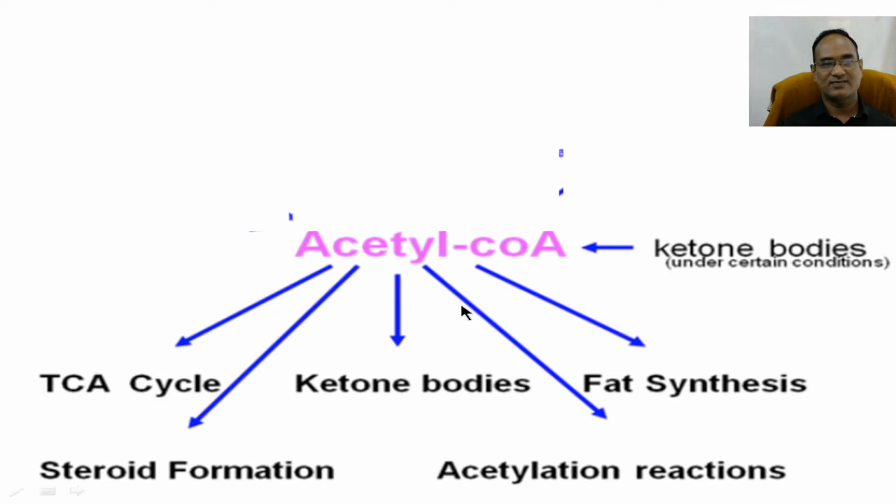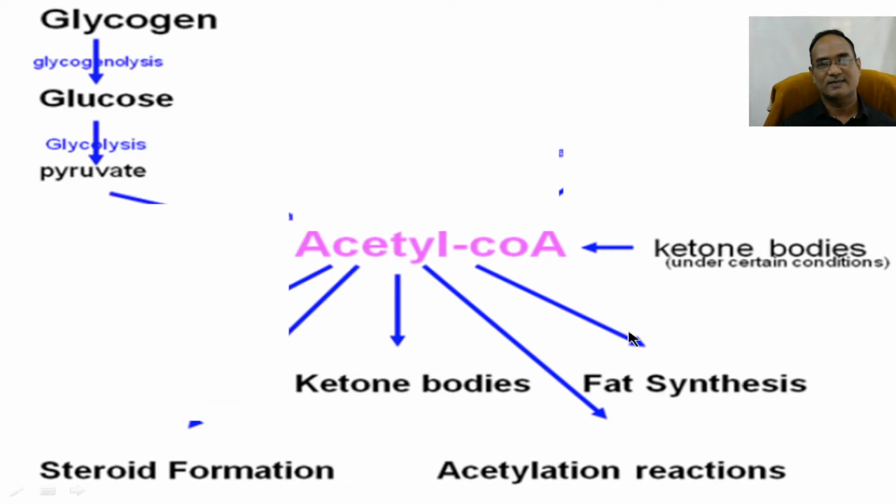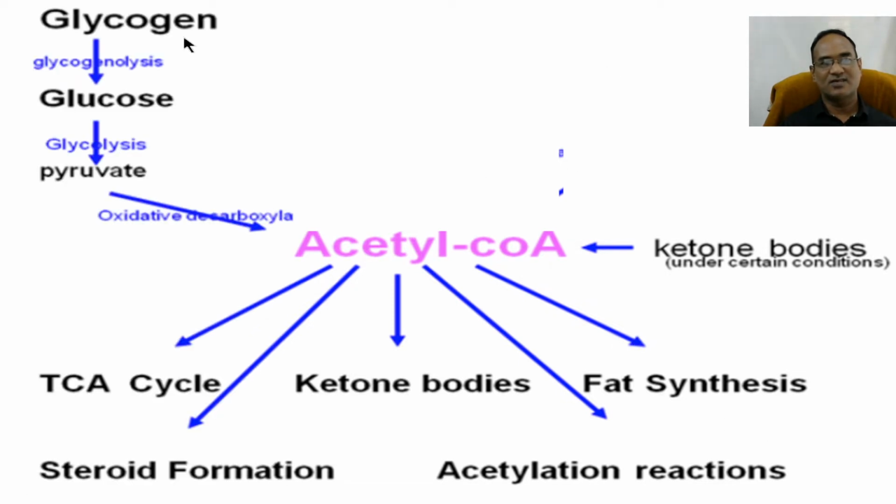As we discussed earlier, acetyl CoA is formed from carbohydrate, protein, and fat. Glycogen is converted into glucose, pyruvate, and finally enters into acetyl CoA.